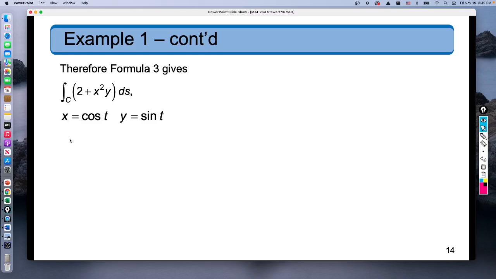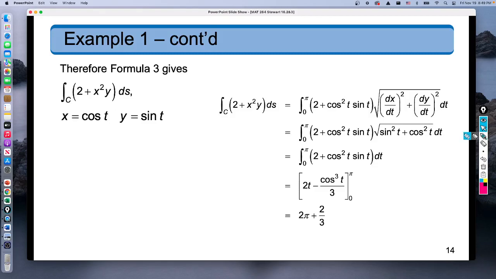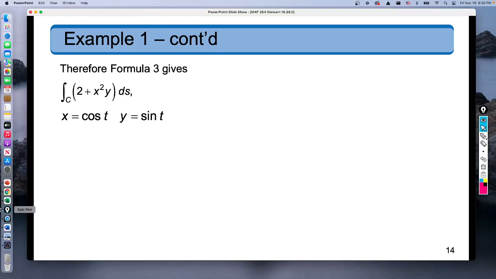x will be cosine t. Let's walk through this a little bit.